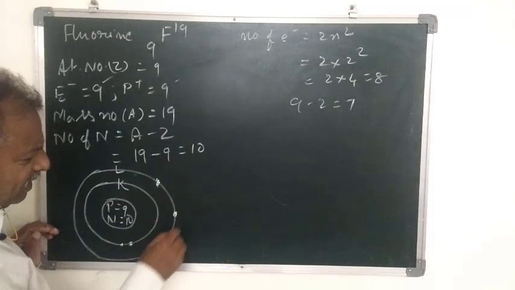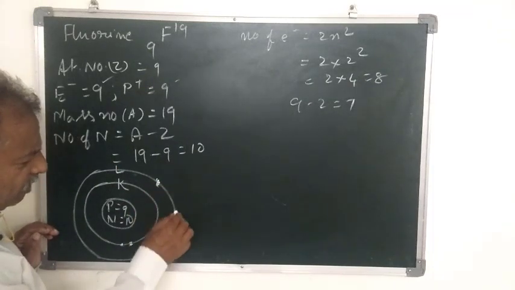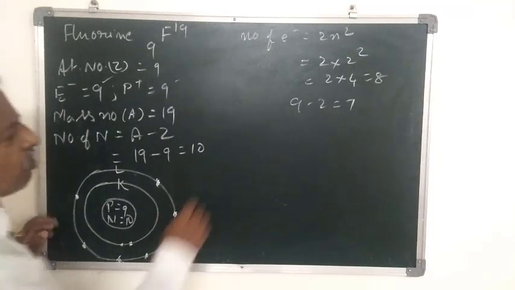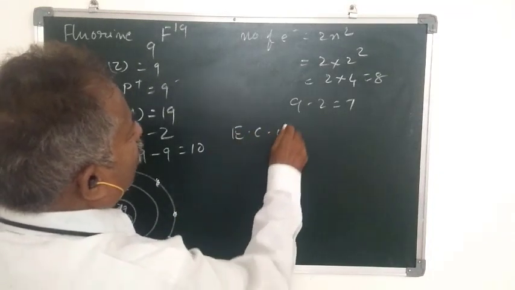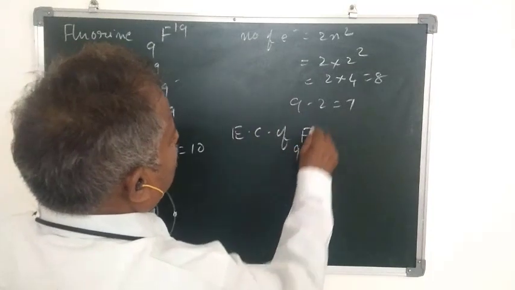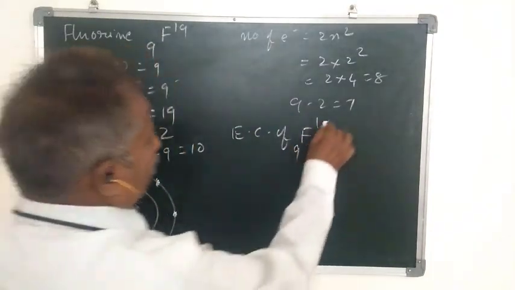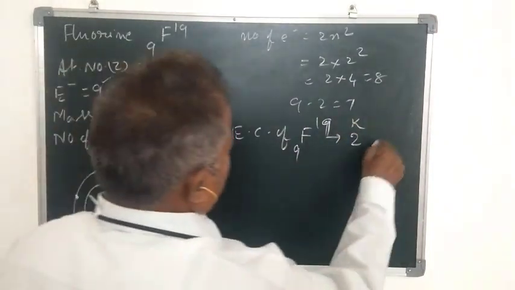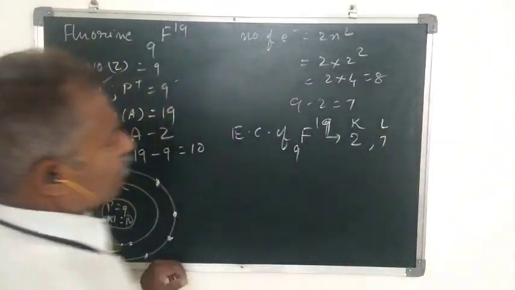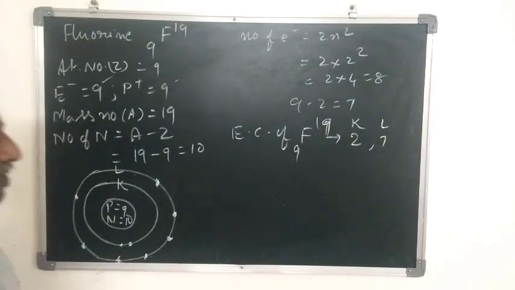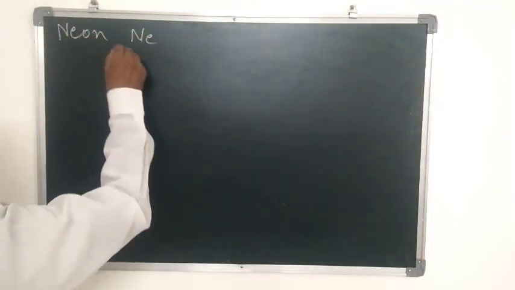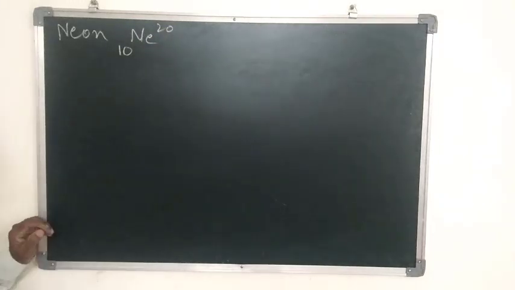So the electronic configuration of fluorine-9-19 is 2 electrons in K shell, 7 electrons in L shell. So 2, 7. Right.